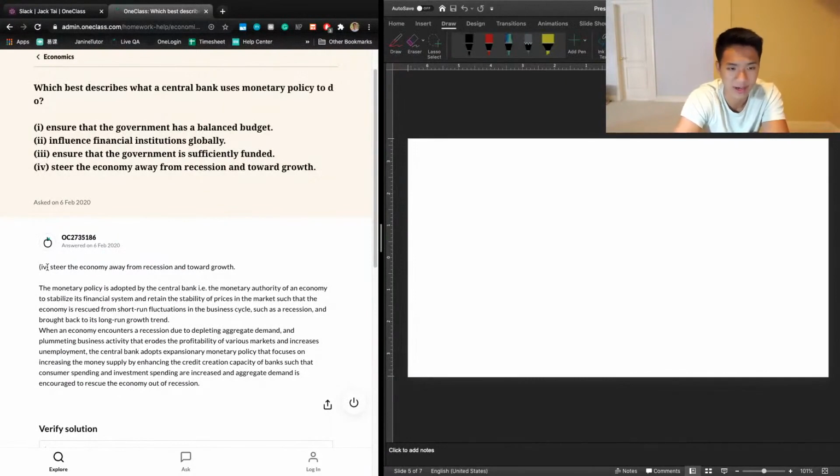When the economy encounters a recession due to depleting aggregate demand and plummeting business activity that erodes the profitability of various markets and increases unemployment, the central bank adopts expansionary monetary policy that focuses on increasing the money supply by enhancing the credit creation capacity of banks such that consumer spending and investment spending are increased and aggregate demand is encouraged to rescue the economy out of recession.